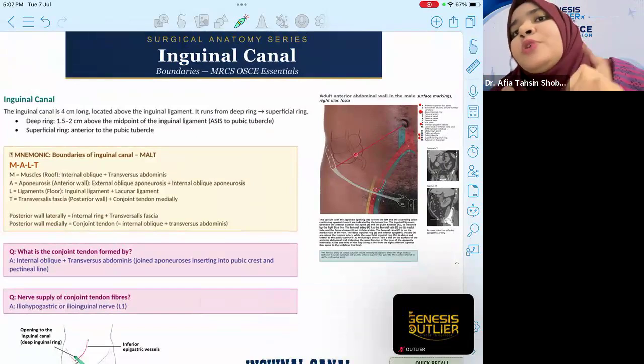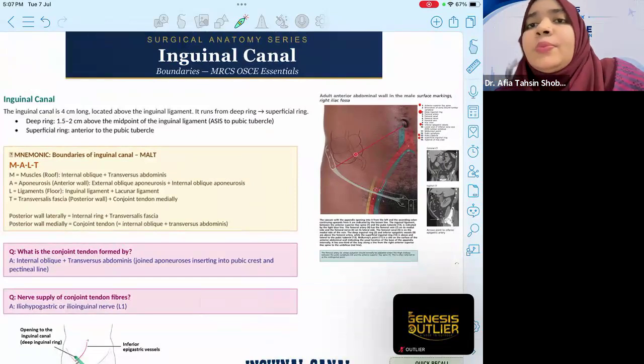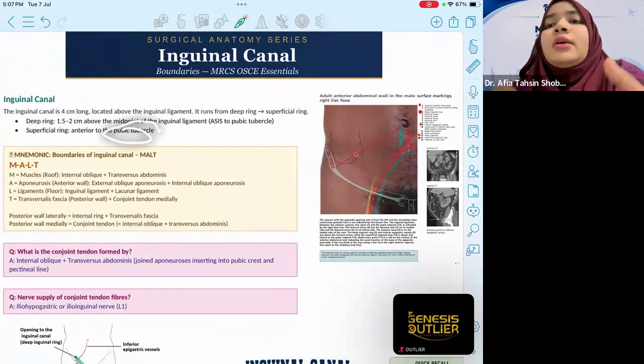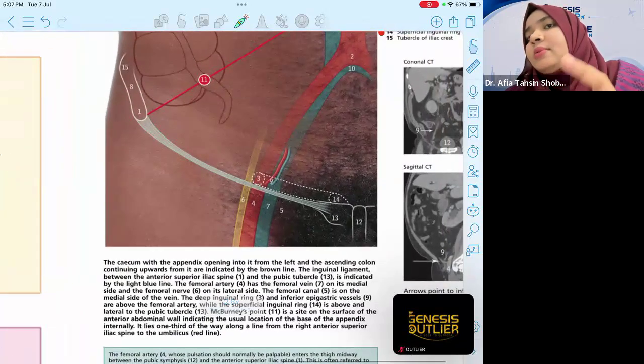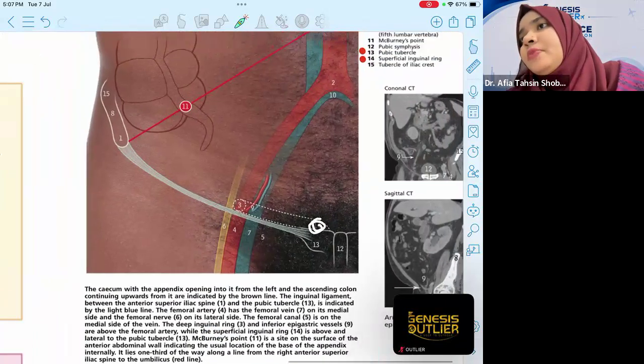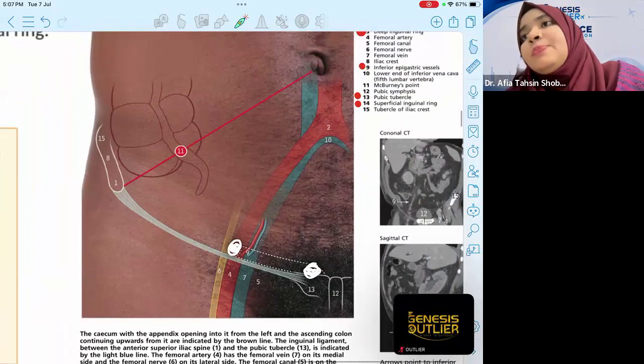Do you remember the pubic tubercle from our first image? I think you remember. Just anterior to the pubic tubercle, you will get the superficial inguinal ring. So here in the living object, 14 will be the superficial inguinal ring. And this 3 will be the deep inguinal ring.